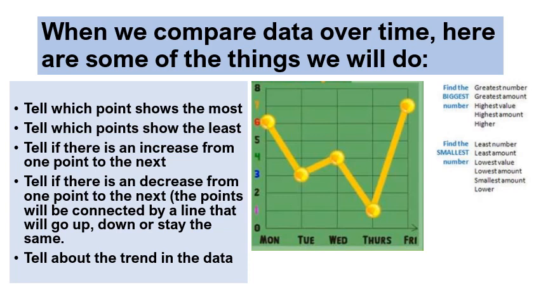And we will tell if there is a decrease from one point to the next. The points will be connected by a line that will go up, down, or stay the same. And we will tell about the trend in the data or the pattern shown by the data.